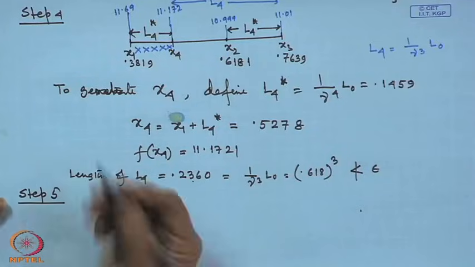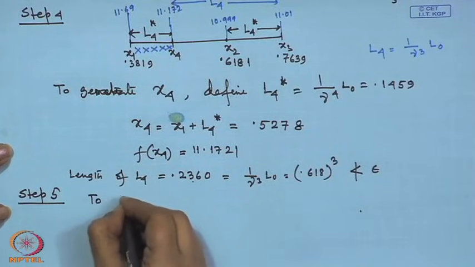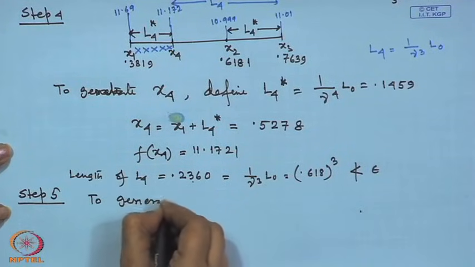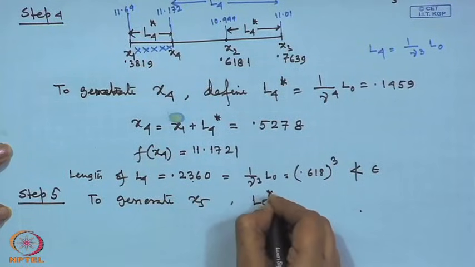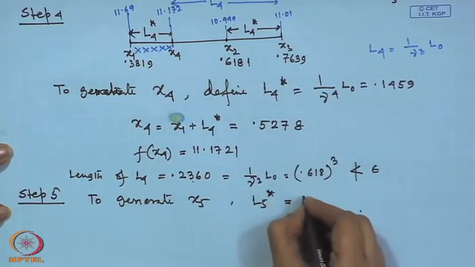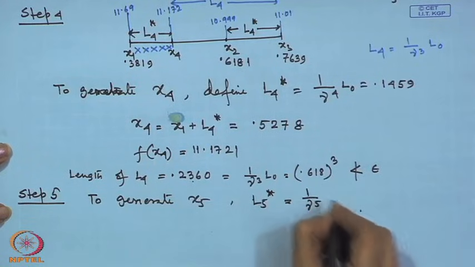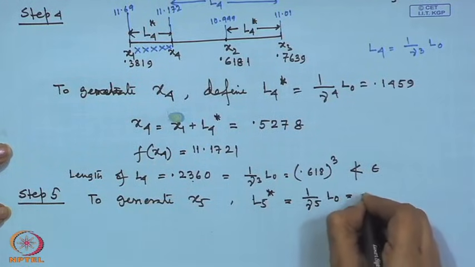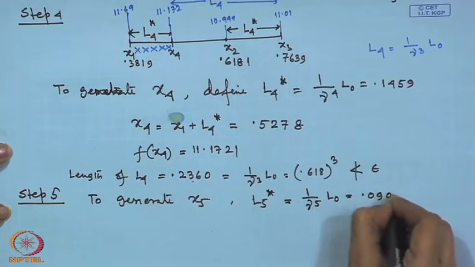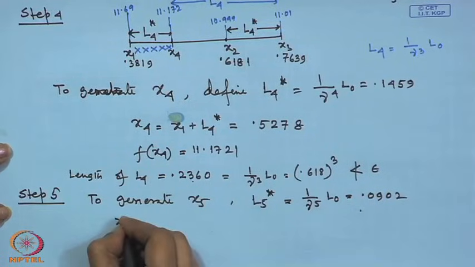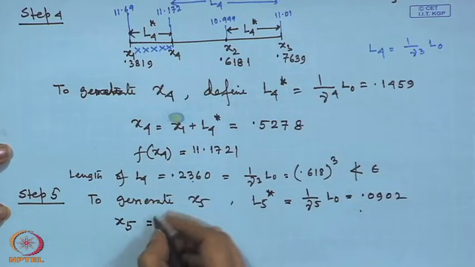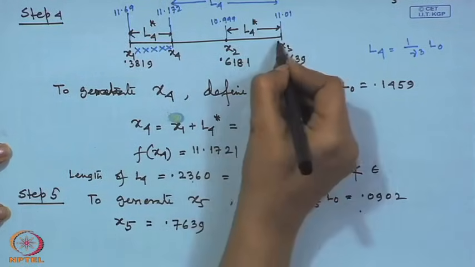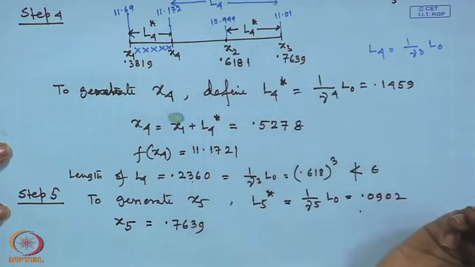In step 5 we will generate x5. To generate x5 we will calculate L5 star, and we will see L5 star would be is equal to 1 by gamma to the power 5 L0, and this value is 0.0902. Once we are considering so, we will see x5 will be is equal to 0.7639, that is again the same logic.